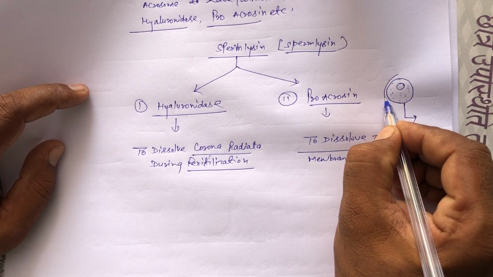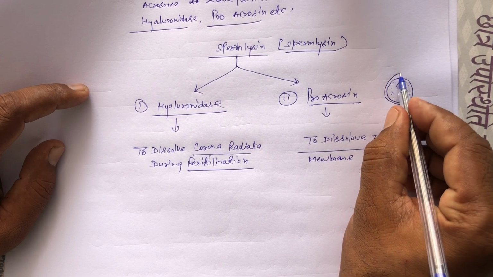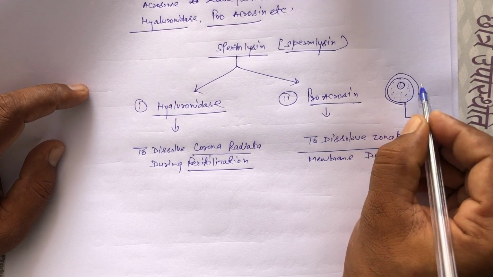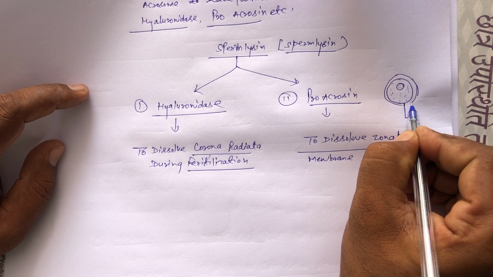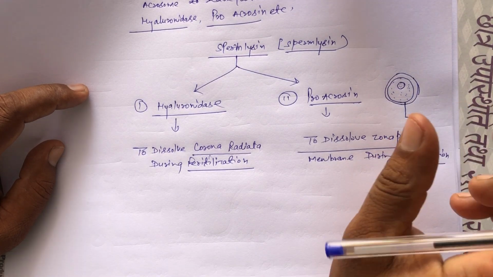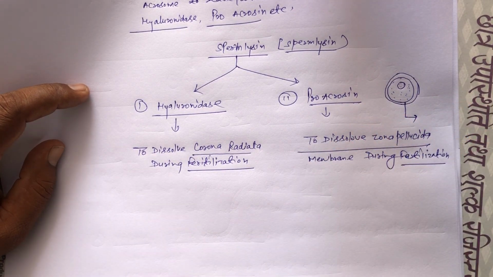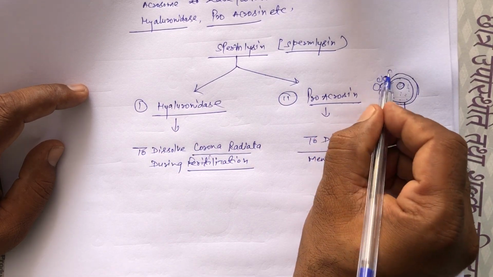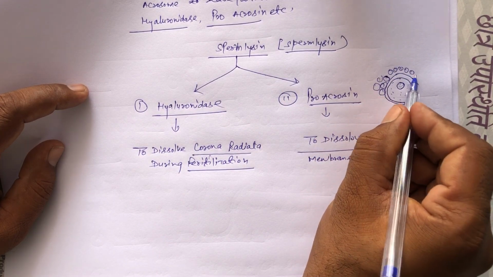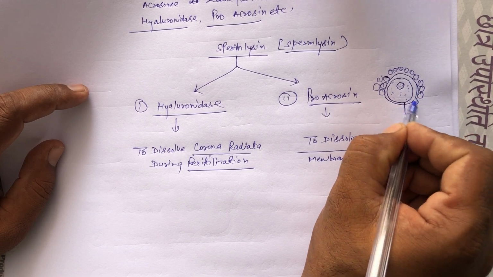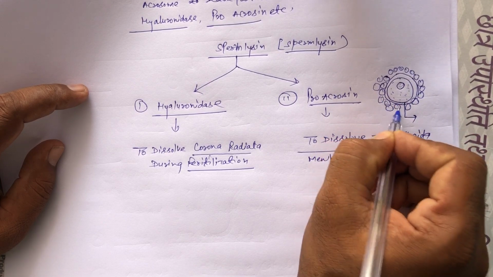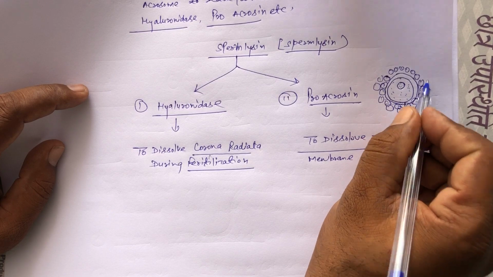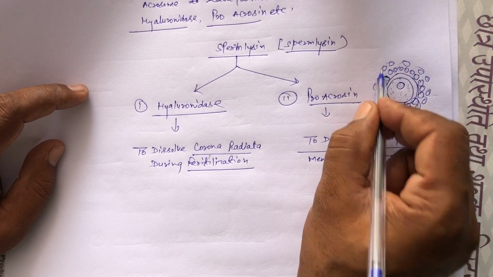Next, it is the zona pellucida. The zona pellucida is an acellular transparent layer, and this is the corona radiata. So the zona pellucida and corona radiata are extra embryonic membranes.